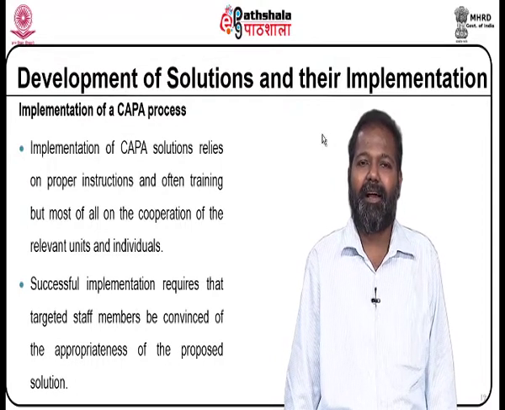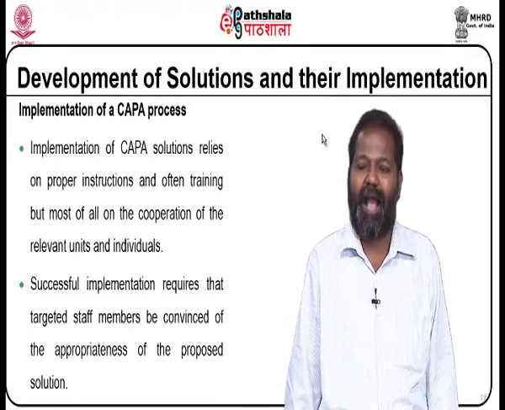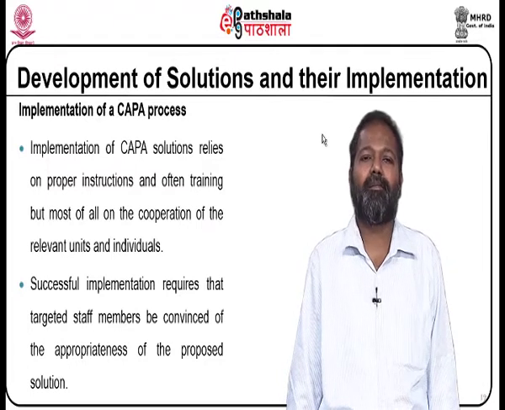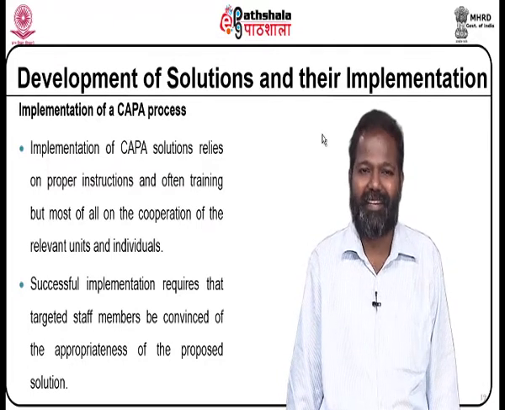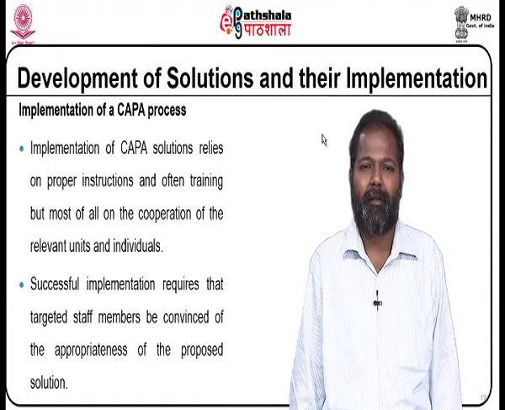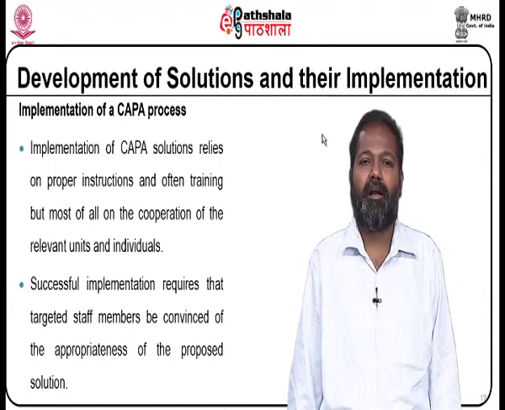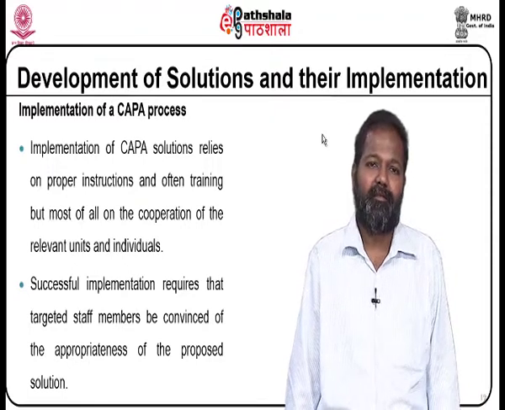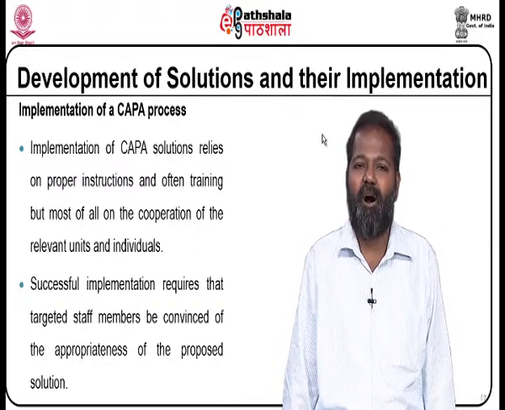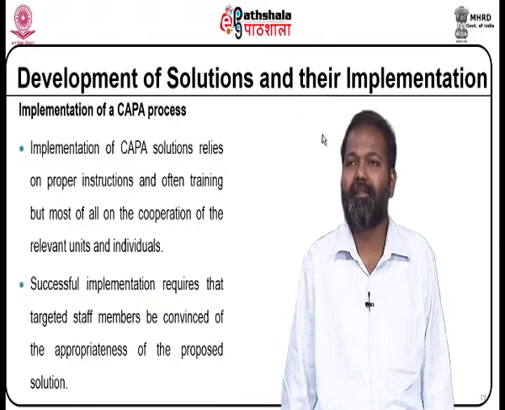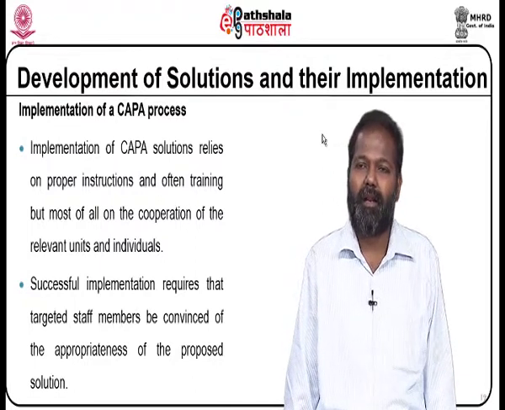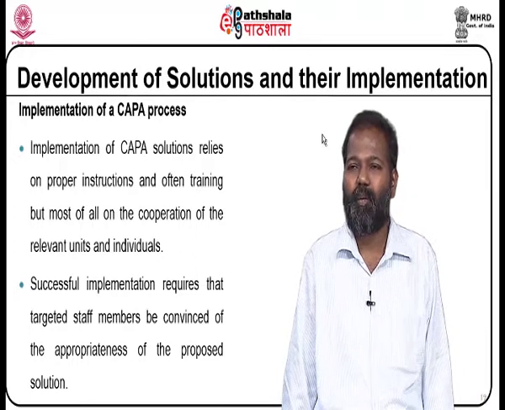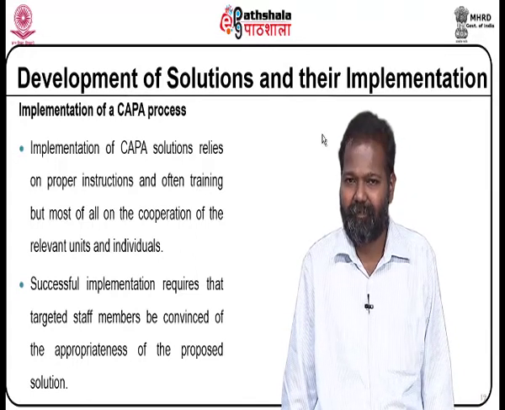Implementation of a corrective and preventive actions process relies on proper instructions and often training, but most of all on the cooperation of the relevant units and individuals. When I mean cooperation of relevant units and individuals, each individual and unit must be in a position to give accurate data.